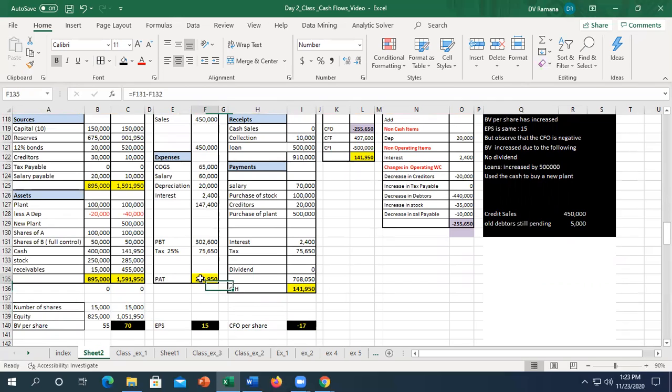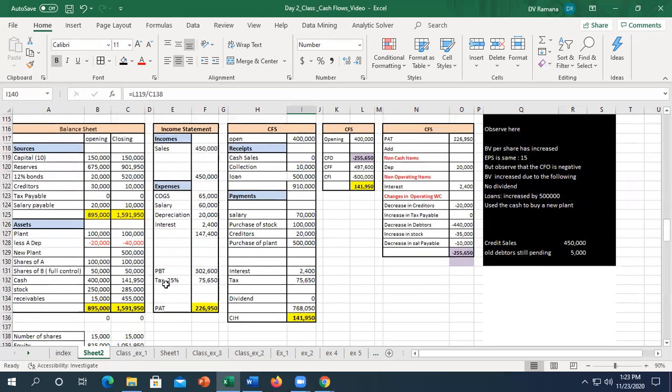Examine why CFO is not the same as PAT. Why is the book value increasing or decreasing? Is the company removing cash from the company and distributing it in the form of dividend? Or is the company transferring the cash to a subsidiary which is a related company? Or is the company actually creating future cash flows by investing in plant and equipment or in research and development?